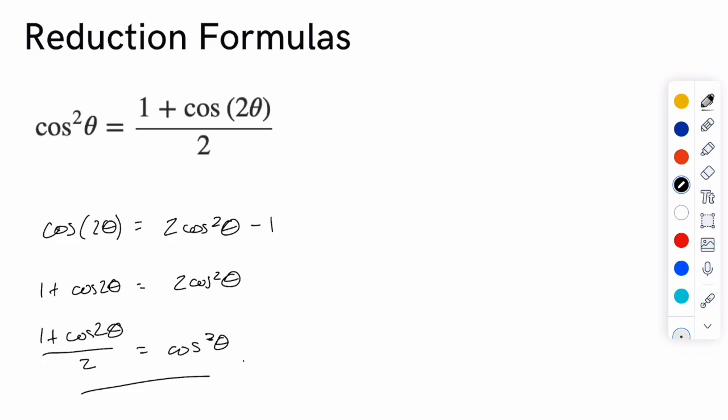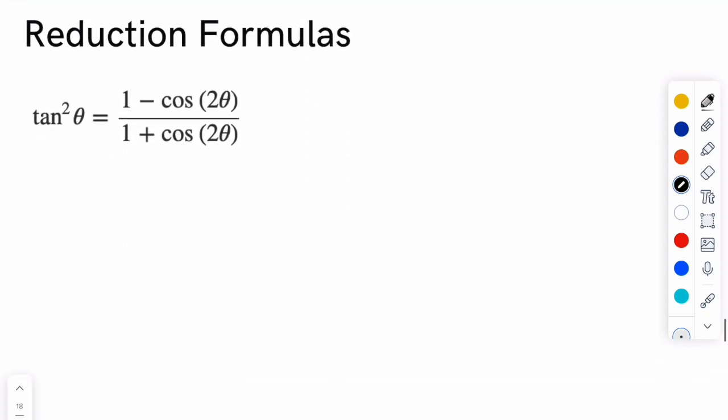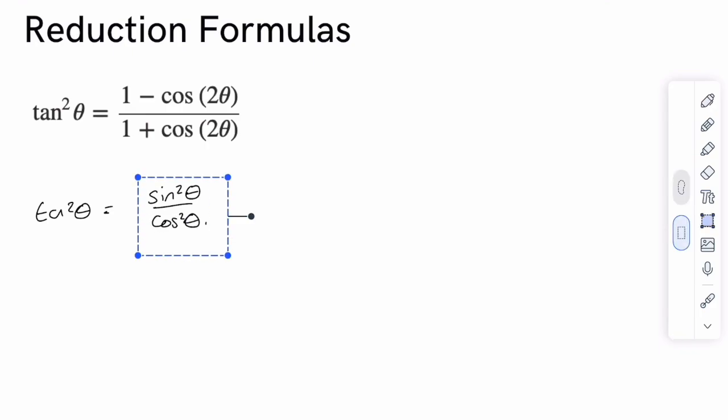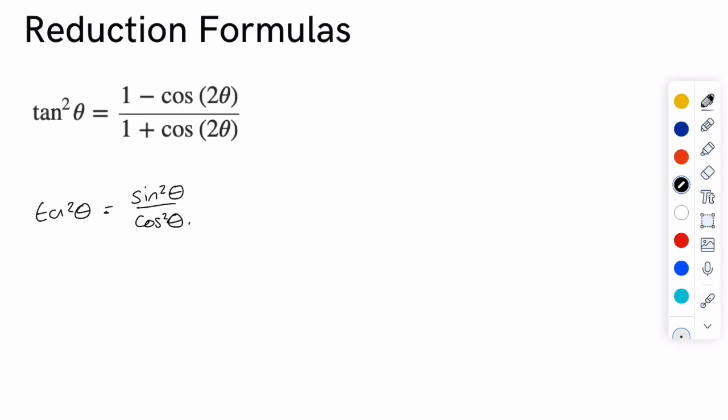And lastly we've got this one. So tan squared theta is equal to 1 minus cos 2 theta over 1 plus cos 2 theta. This one's a little bit more interesting, because you've got to remember that tan squared theta is equal to sine squared theta over cos squared theta to begin with, which means what?